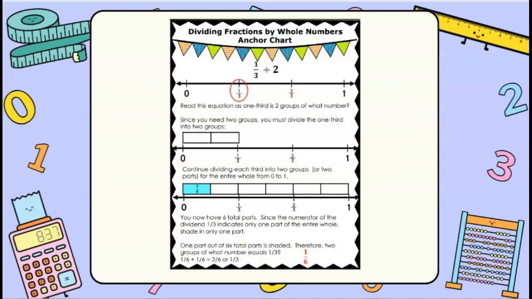So, when I divide a fraction by a whole number, there's a couple different ways that I can do it. First, I can put it on a number line. What that would look like is I create a number line with 0 as the beginning and 1 as the end, with fractional intervals in the middle.